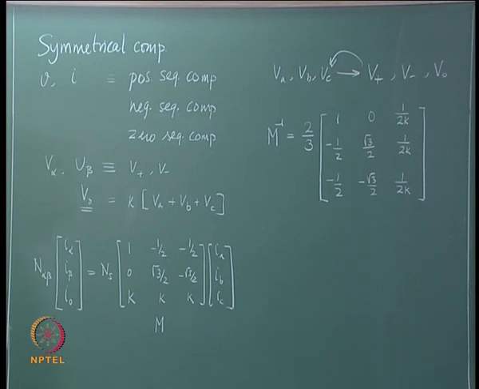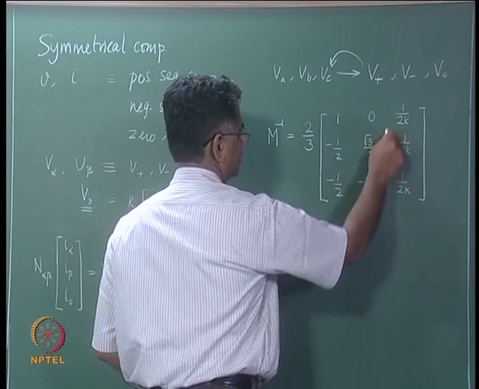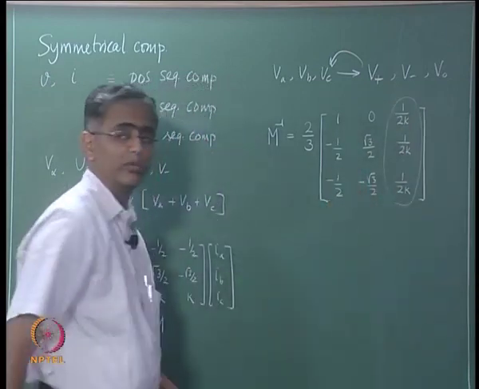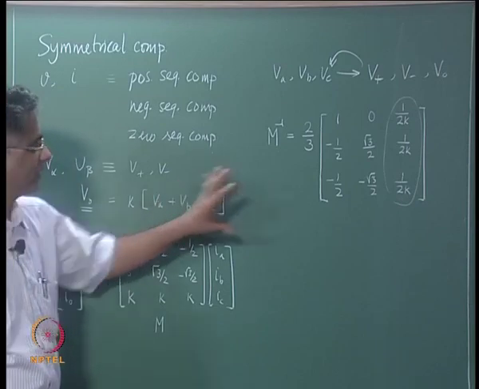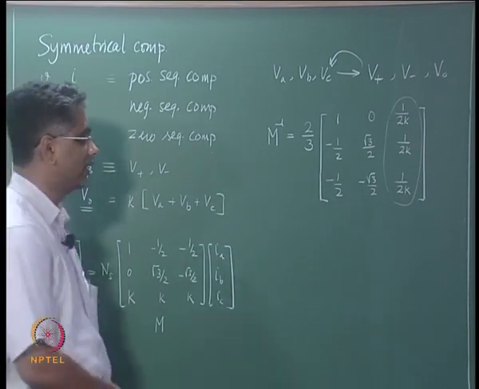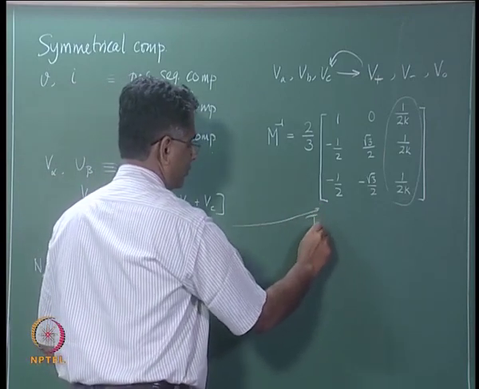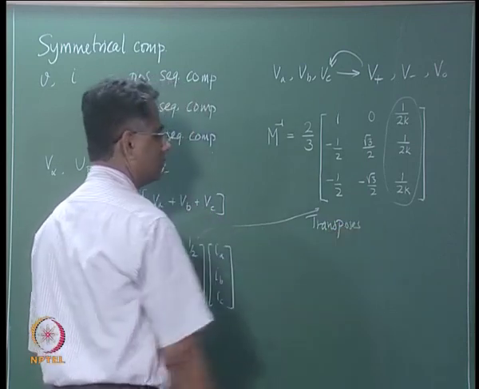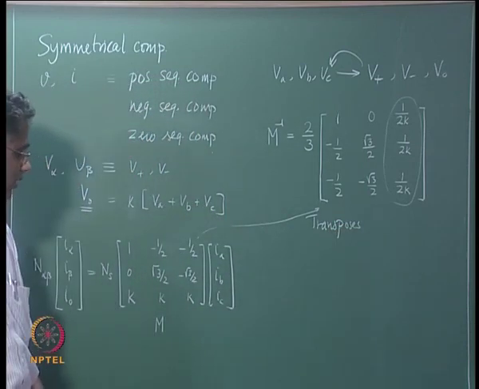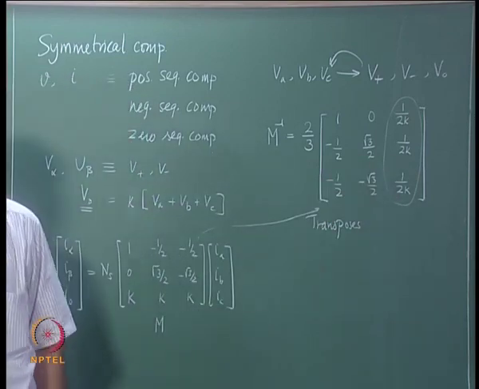Now, one can see that this inverse, except for these three numbers here, this matrix and this matrix appear to be transposes of each other, except for this row and that.